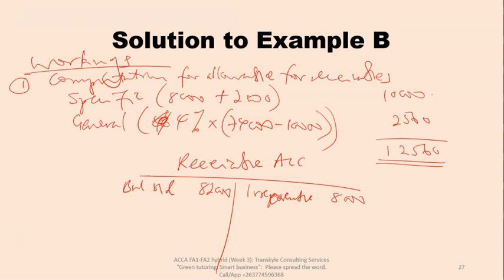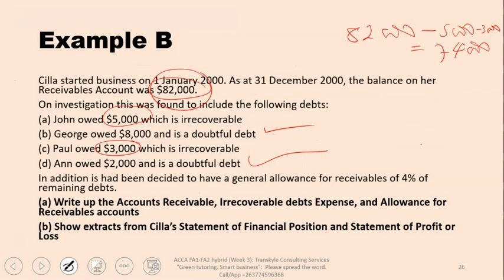We computed them here. We discovered that they were 5,000 plus 3,000. They were in total 8,000 here. That's 8,000.